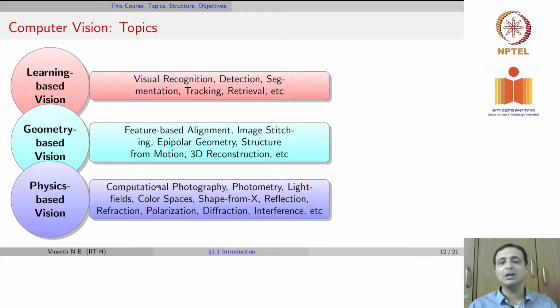So clearly you can see a lot of this has to deal with the physics of how an image is created. Right? So these are all different subfields of computer vision that have developed over the years. And the focus of this course is going to be learning-based vision. And that's the reason this course is called Deep Learning for Computer Vision.